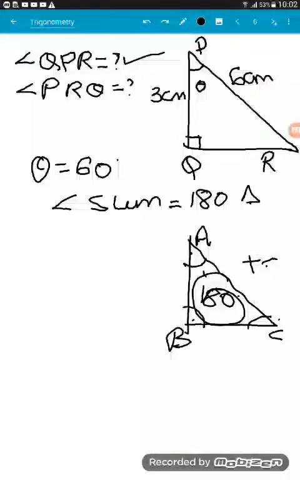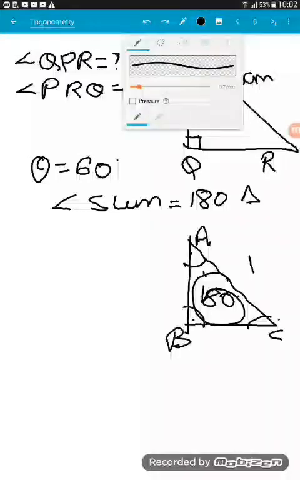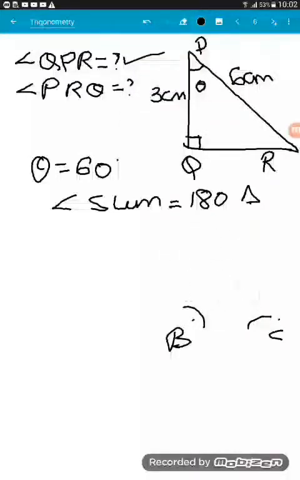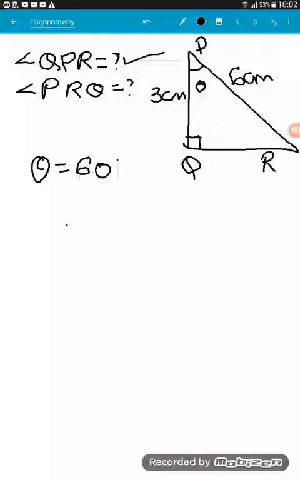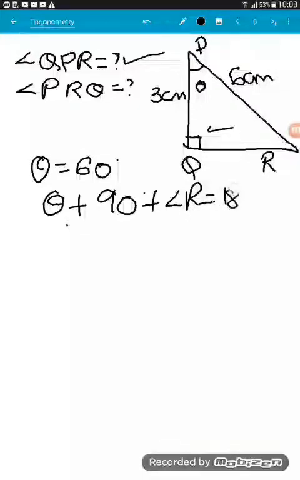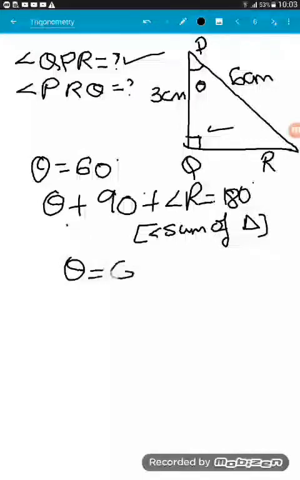So now we will look at the question. What is given for us? By angle sum property we can say that theta plus 90 degree, they already gave angle Q as 90 degree, plus angle R equal to 180 degree. That is angle sum of triangle. Therefore theta we already got as 60 degree.